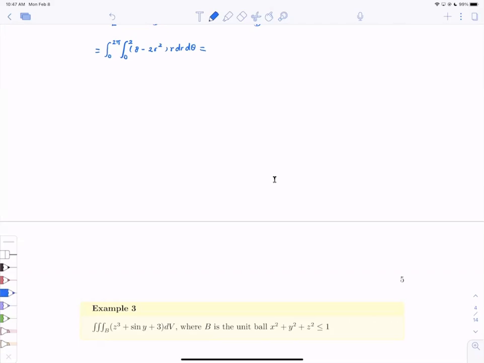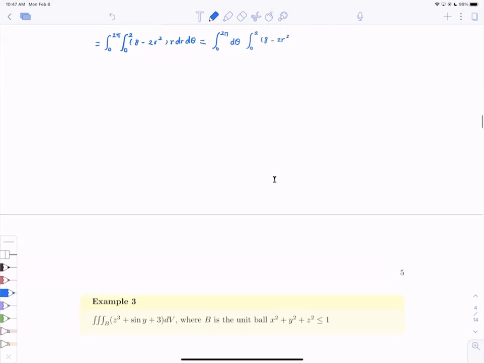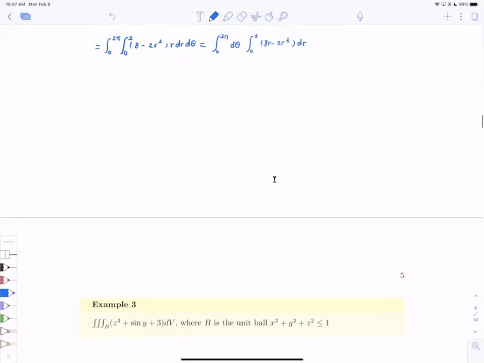0 to 2 pi, and then integrate this r. So 0 to 2 pi d theta, 0 to 2, 8 minus 2r squared times r, so you can just do 8r minus 2r cubed dr. That gives theta from 0 to 2 pi, and then 4r squared minus 1 over 2 r to the power 4, from 0 to 2.